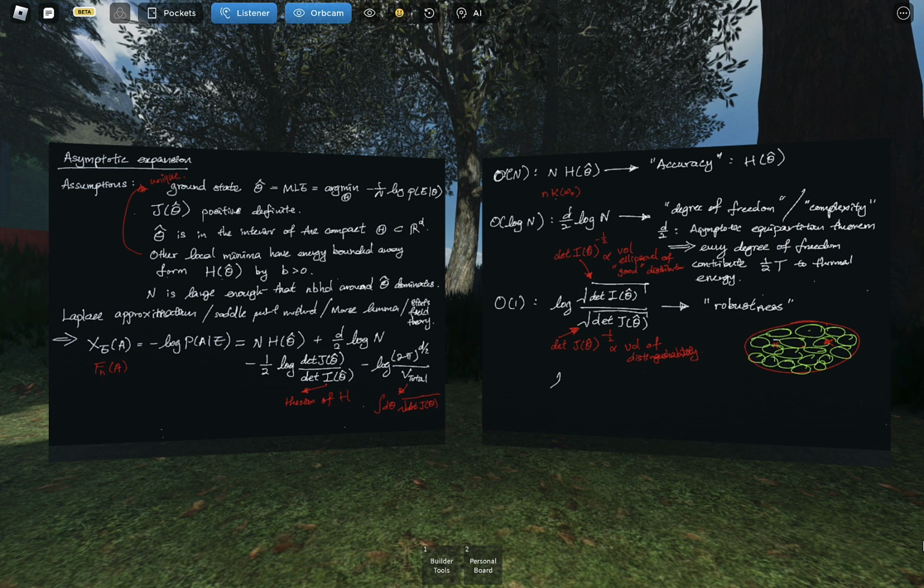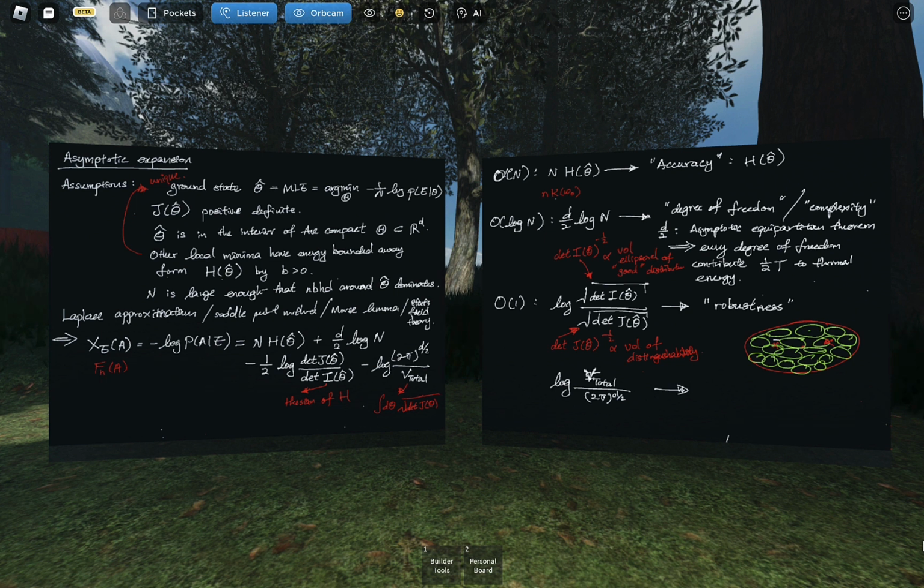Okay, and we have kind of already discussed the last term. Let me write it in the 2 pi on d on 2. So the last term, again, everything here is the smaller the better. I'm writing it in a way where smaller is better. So V total is just the total.